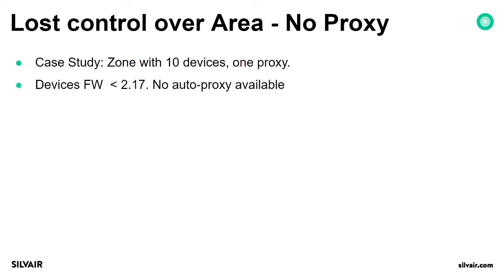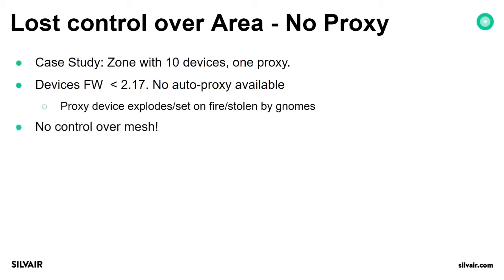Another very common issue is lost control over an area. Zone with 10 devices, there is only one proxy available. Of course, devices contain firmware 2.17 or below, and no auto proxy is available in this project.